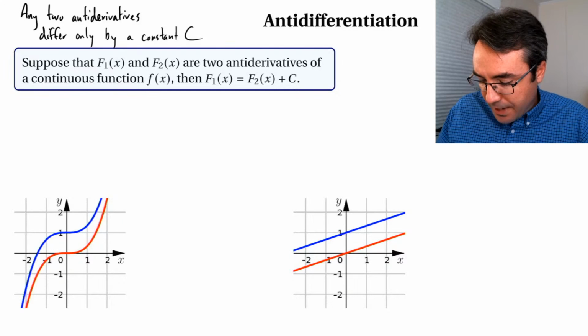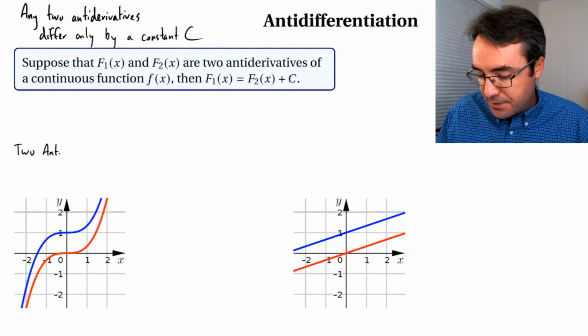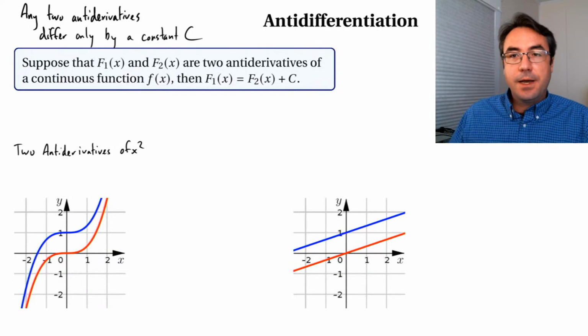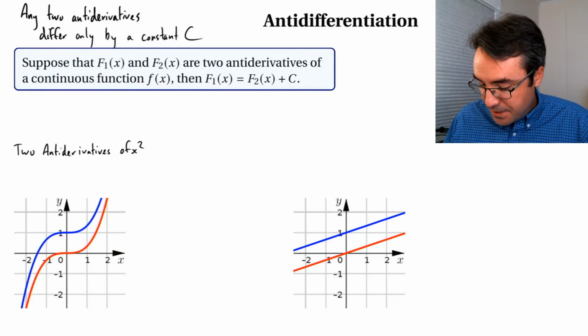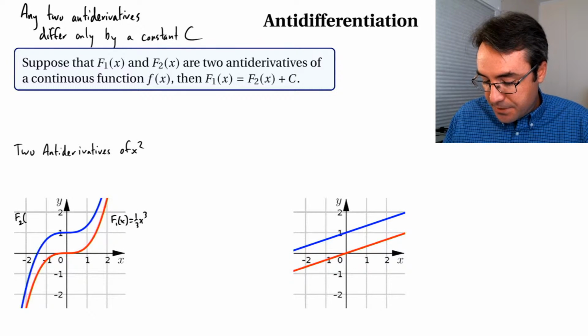So let's look at two graphs. On the graph on the left, we have our two antiderivatives of x squared. This one is the 1/3 x cubed, and then this one over here is the F2, which was 1/3 x cubed plus 1.